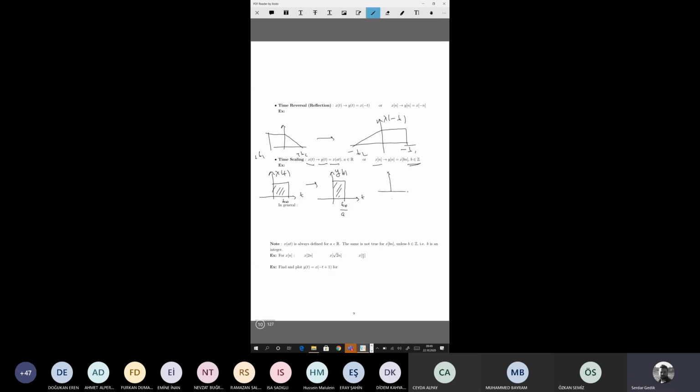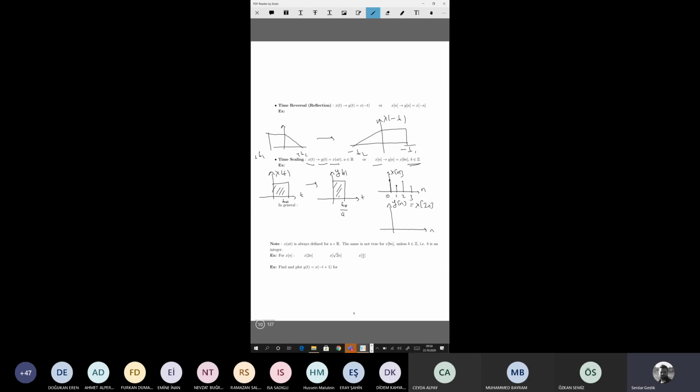What about the discrete case? Let's plot a discrete example. Let's say I have x of n. This is my n. So this is 0, 1, 2, and 3. What about, let's say, y of n is equal to x of 2n.